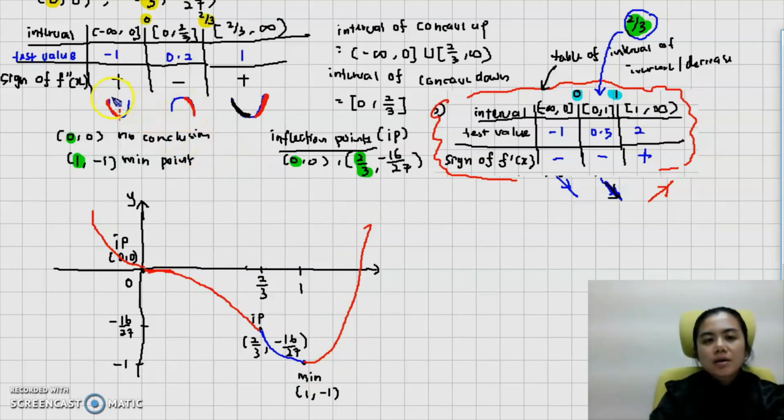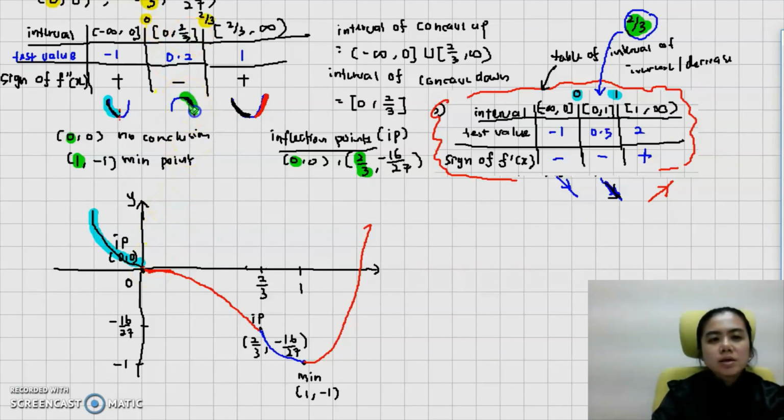How about the curve of concave up and down? So you look at here, we are talking about concavity. This is the concave up, from negative infinity until 0. That is here, concave up. And then we have the next, 0 to 2 over 3, that is here. That curve is concave down, from 0 to 2 over 3.